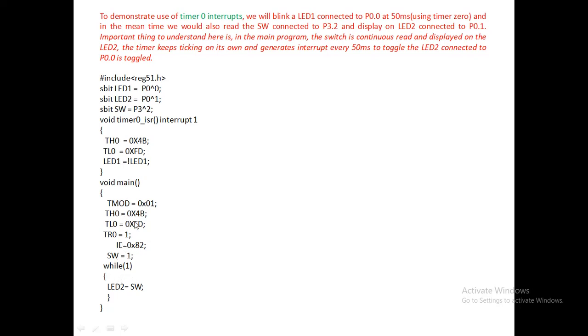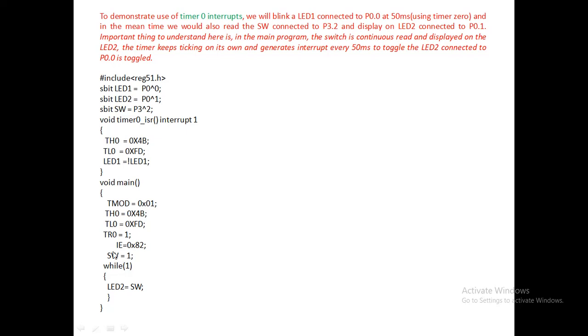So here I loaded 4BFD into the registers of timer 0. Run the timer, and it starts the timer operation and generates 15 milliseconds. Once it reaches FF, TF0, an important flag, becomes 1, and whenever TF0 is equal to 1 the timer interrupt is generated.